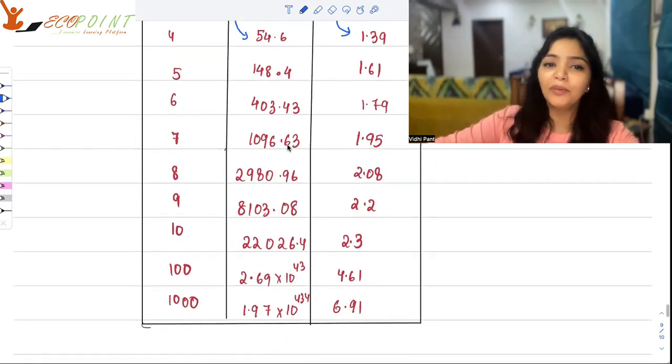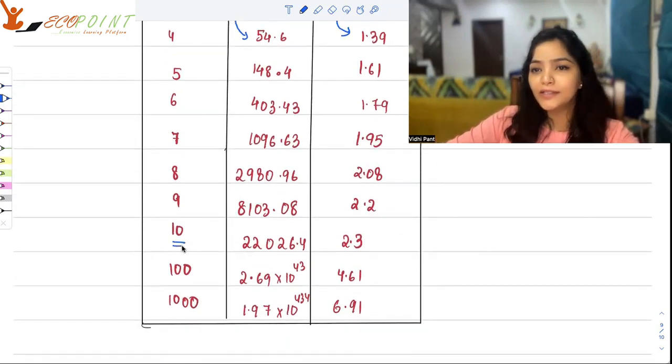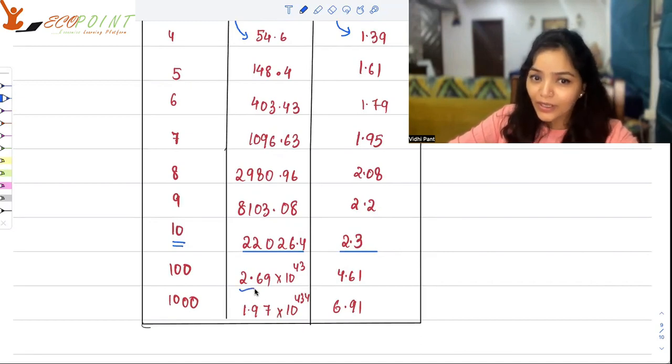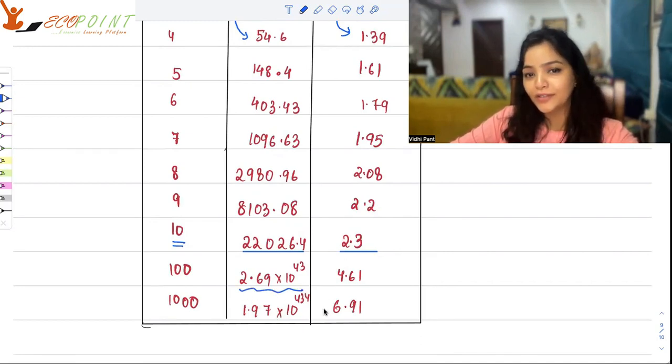Just see what's happening when I reach x equals 10. 22,026.4 is what I get as e to the power x. On the other hand, log of 10 is 2.3. Look at when x is 100.